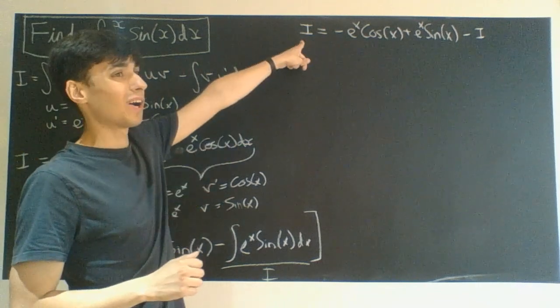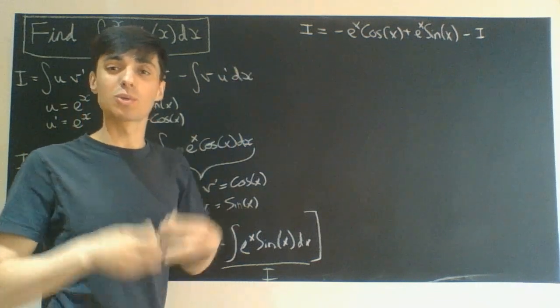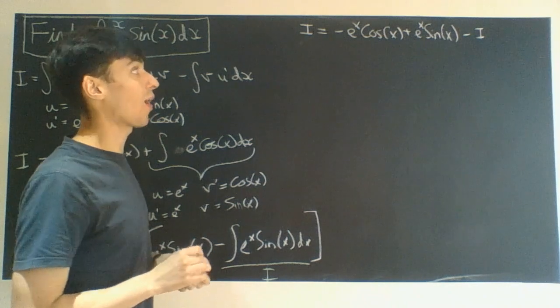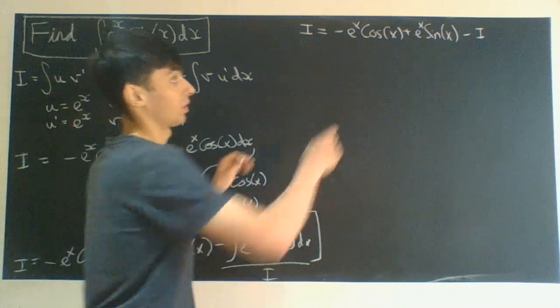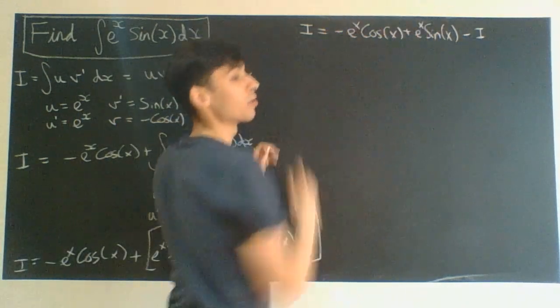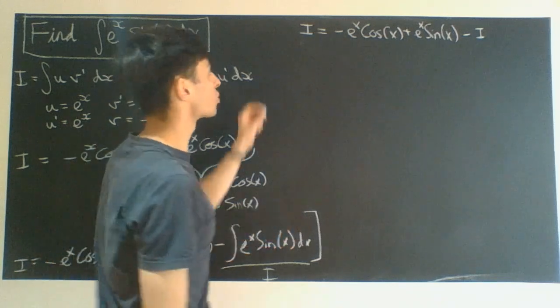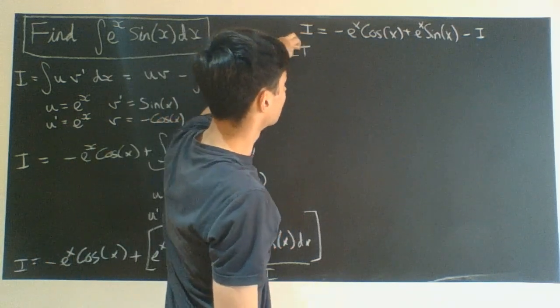Well, I is our original integral, so let's try and find I. If we just solve this thing, we can move this I over to the other side, and that means we've got 2I over here.